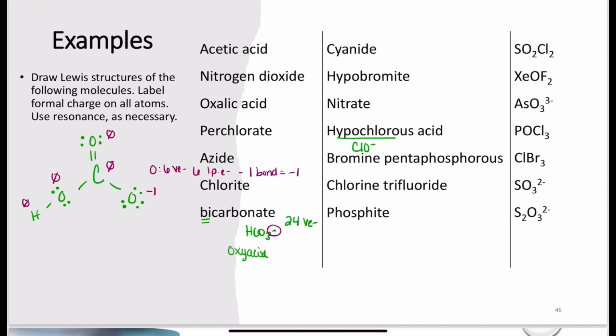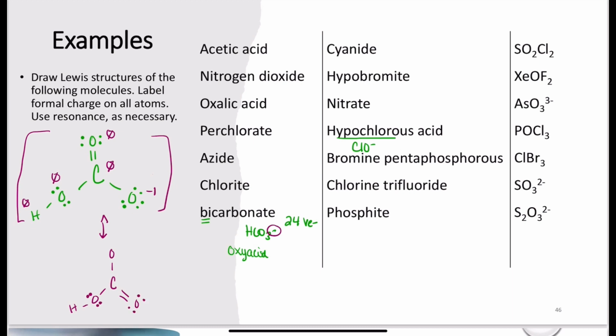Now, again, there's no reason why I had to give the double bond to that specific oxygen. It could have gone to either one. So this is going to form a resonance structure with this, which is chemically equivalent, meaning that neither one contributes more than the other. The resonance structures are equivalent.